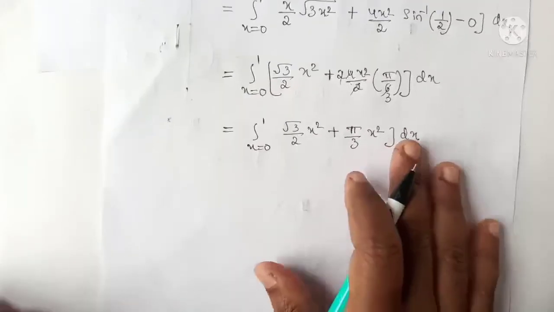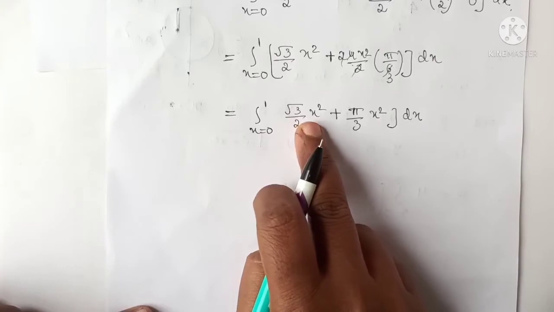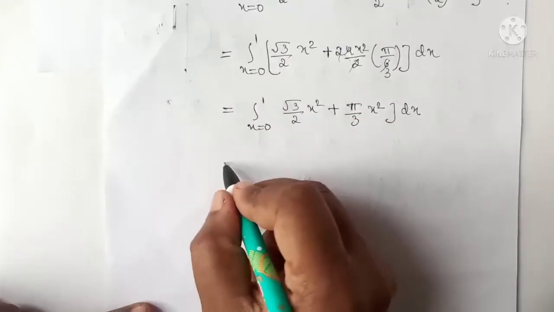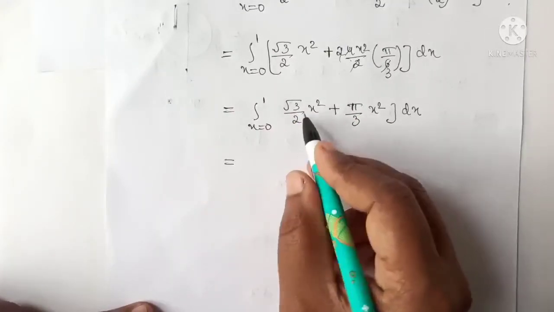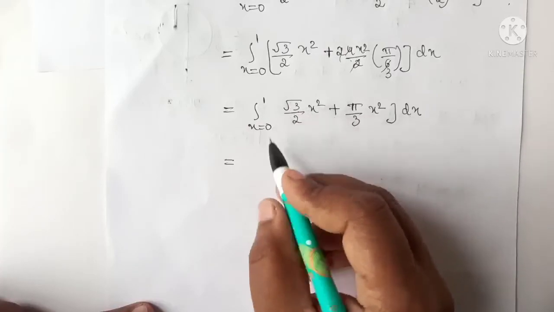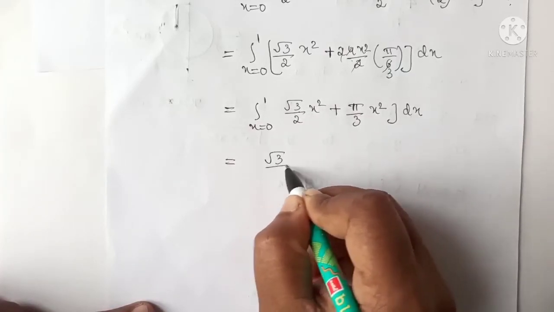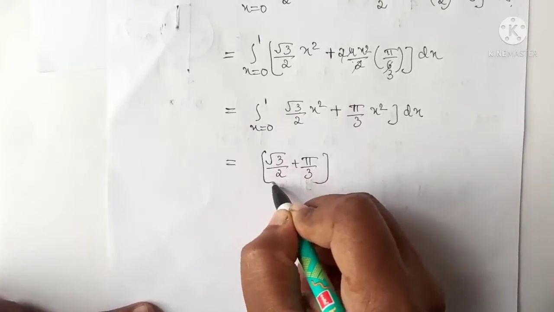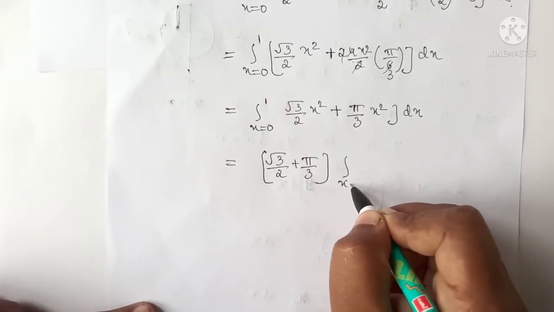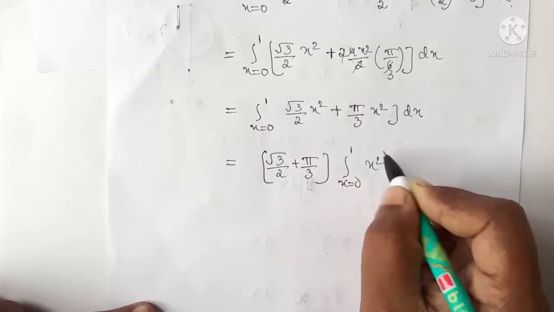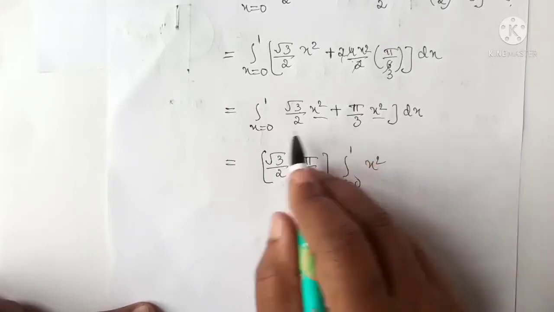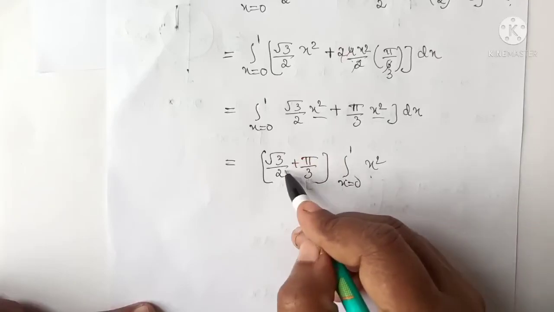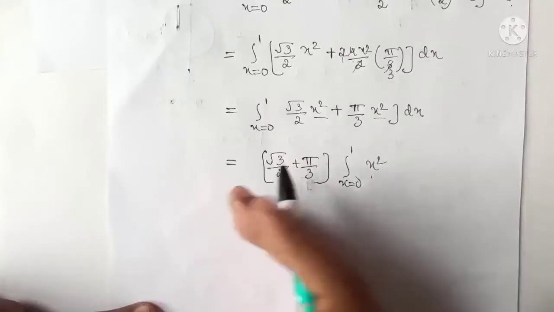Then you can take x square common from these two. On taking x square common and taking this constant outside, that is root 3 by 2 plus pi by 3 being constant, we can integrate only this x square into dx.